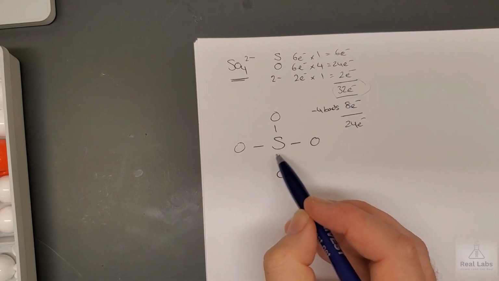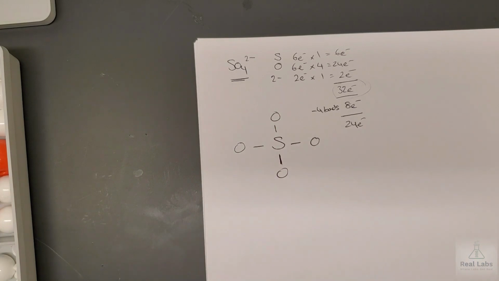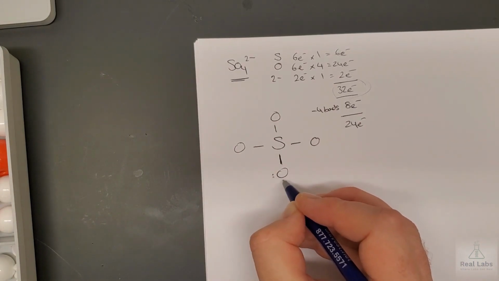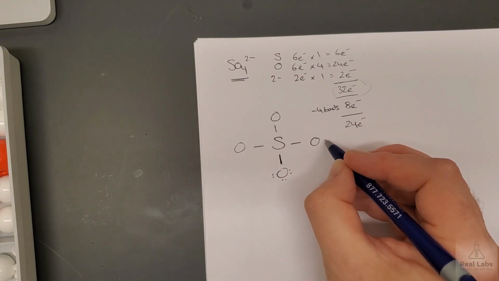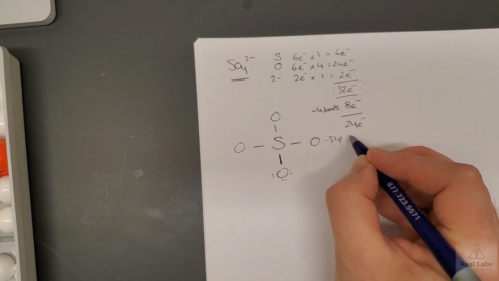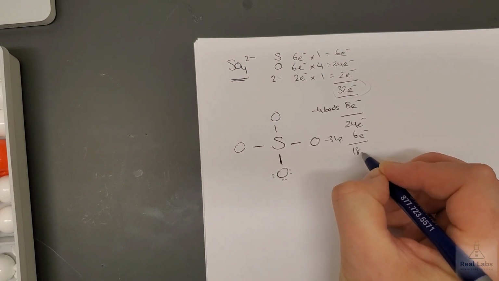And then we're going to start checking our peripheral atoms. You're going to notice that each oxygen has 2 electrons from the bond and nothing else. Oxygen wants 8 electrons, so we're just going to give it 6 electrons from 3 lone pairs. So if we subtract 3 lone pairs here, that will be another 6 electrons. That will leave us with 18 electrons.